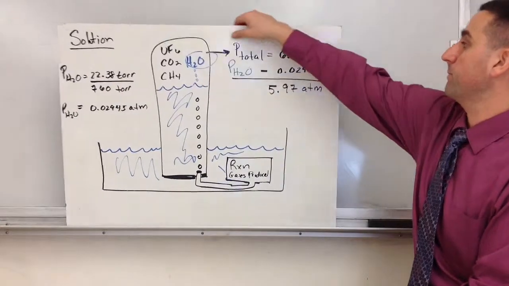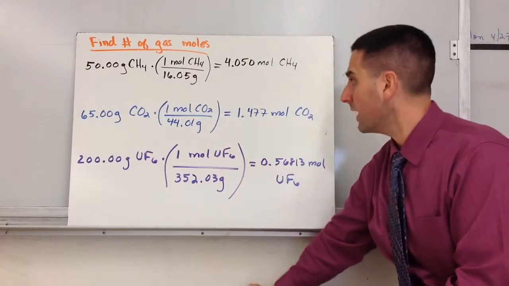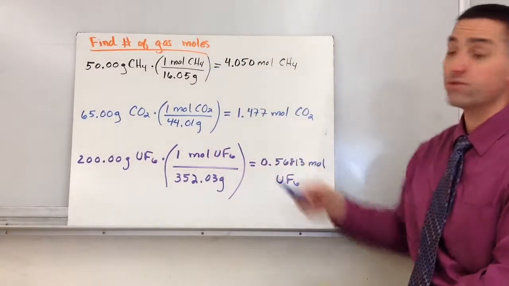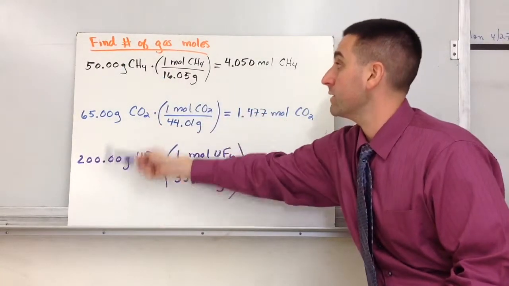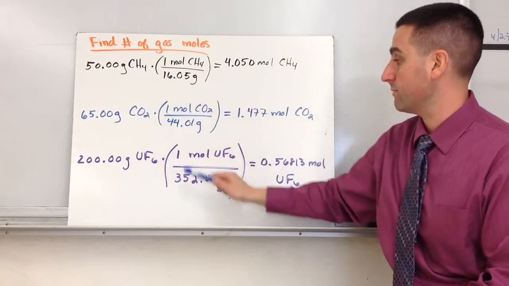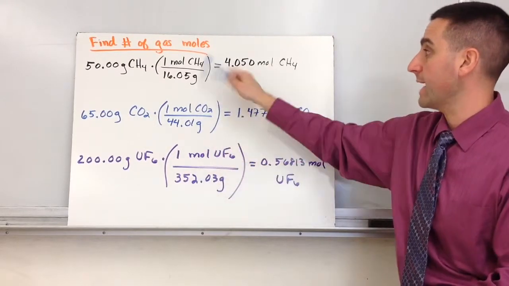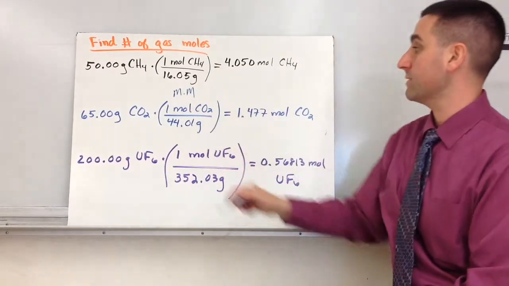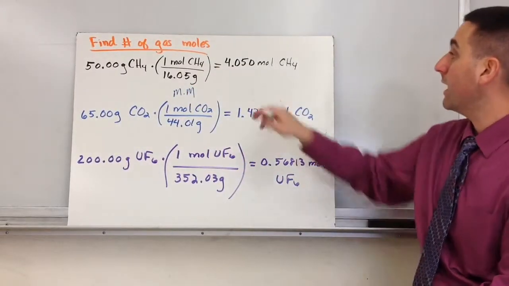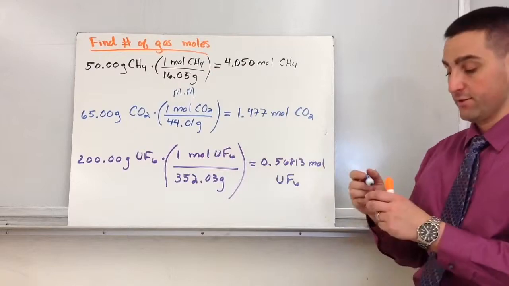Okay. Well, I can only compare my three gases mole to mole. So if I divide the mass that we're given in the problem by the molar mass of each one of these gases, right? These are the molar masses here, in parentheses. I get my number of moles of each gas.